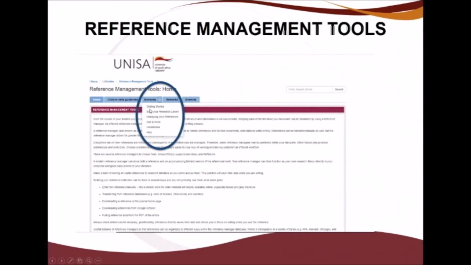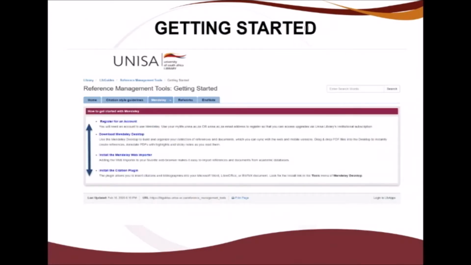First, when you click on getting started, if you want to get started with Mendeley, it will give you these options where you first have to register an account. It's a free account, and make sure that you use your MyLife email account to register. If, for instance, you've been using your Gmail account, it's okay.